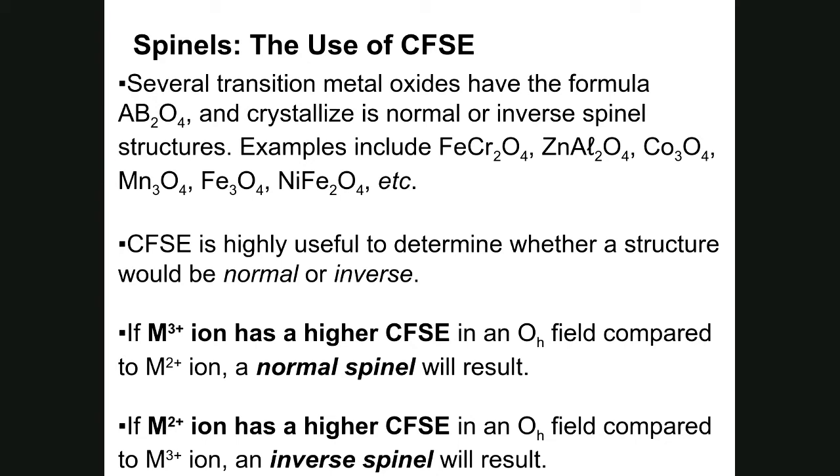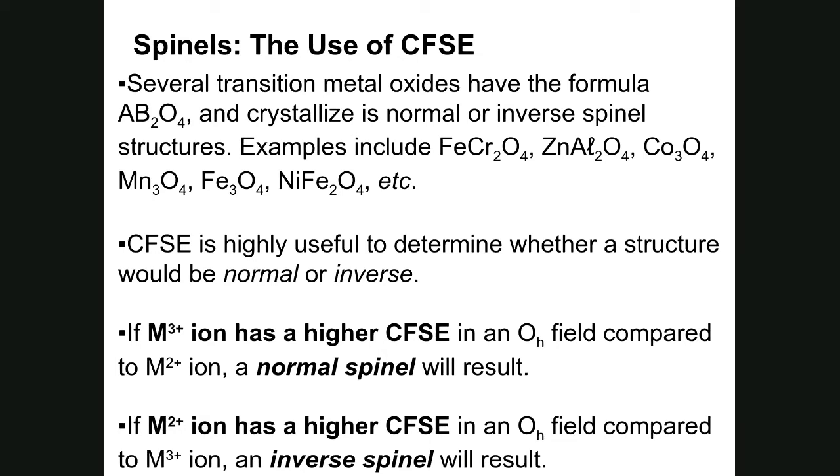So you can see I've got many examples of spinels here, but there are so many more as well. And the crystal field stabilization energy, which we defined in our previous lecture as the energy dictated by the distribution of electrons in the split d orbitals, is a very important criterion that one can use to decide if a particular spinel is normal or inverse.